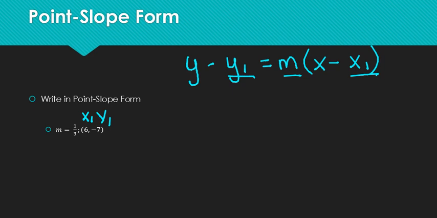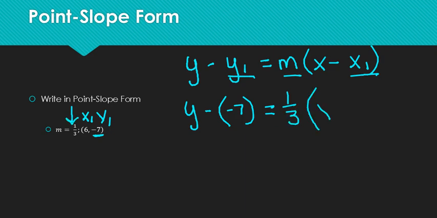From there all we need to do is take these values and plug them in for y1, m, and x1. So we've got y minus, this is -7, so I'm going to put it in parentheses, equals m, we know our m is 1/3, times x minus 6.